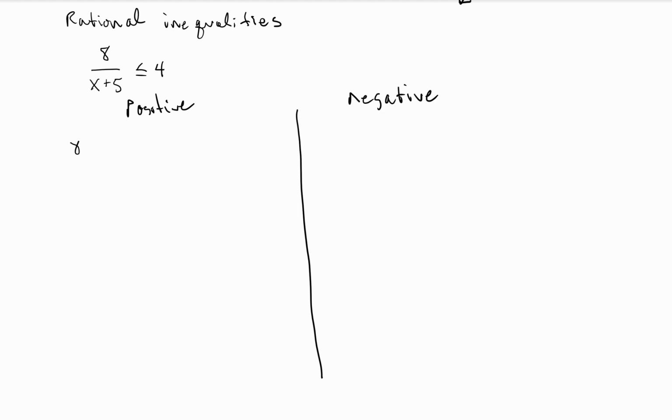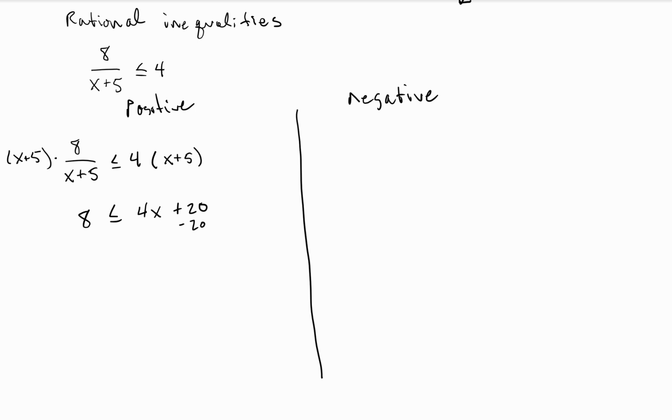So here, if I got 8 over x plus 5 less than or equal to 4, I'm going to multiply both sides by x plus 5. And if it's positive, then I'm just going to get 8 is less than or equal to 4x plus 20.